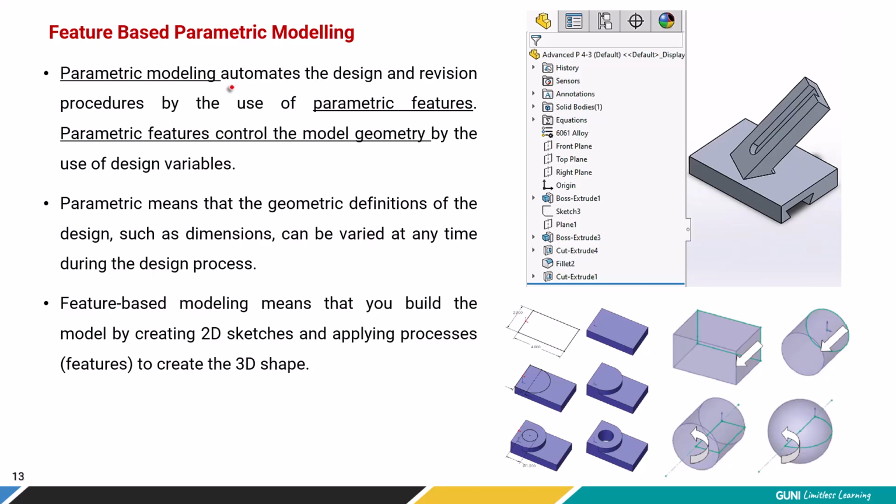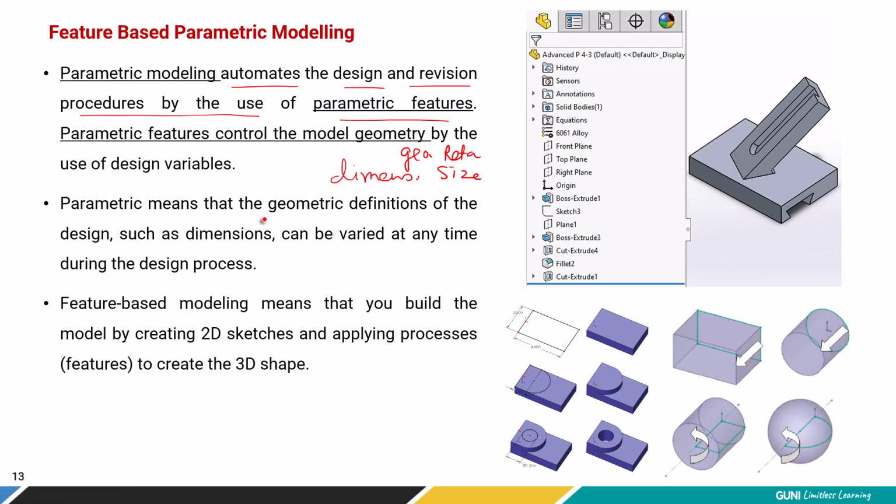Parametric modeling automates the design and revision procedure by the use of parametric features. So dimensions, which control the size of geometry, and the geometric relationships, perpendicular, parallel, coincident, angular, together will control the entire model geometry.